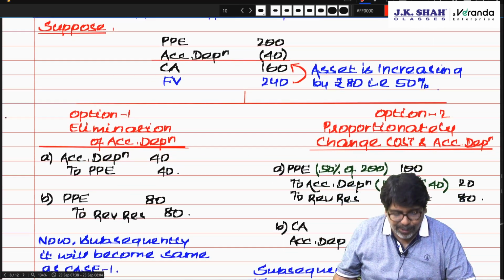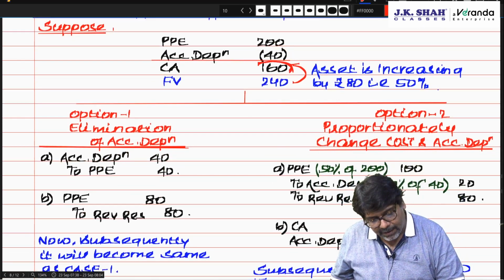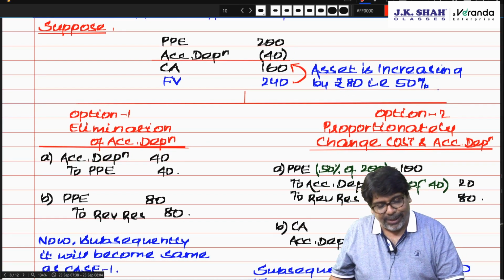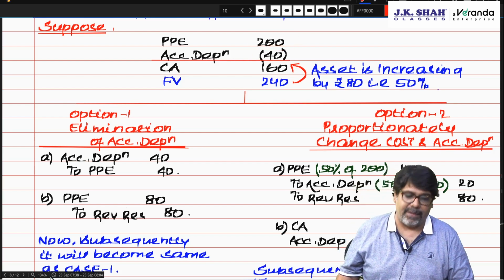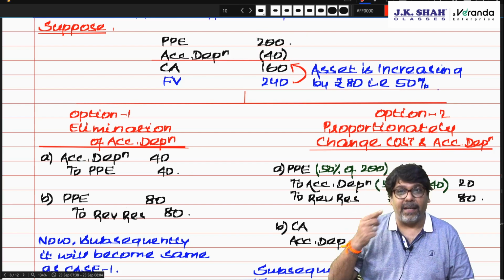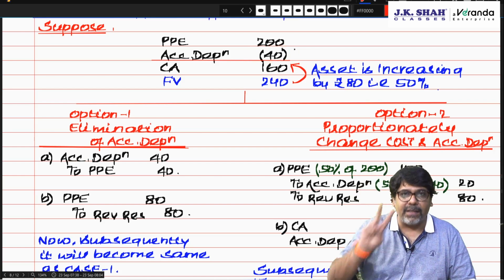But if you don't want to remove accumulated depreciation, then see, from 160 it is becoming how much? 240. So the asset is increasing by 80. That is 50%. So you increase this asset by 50% and the accumulated depreciation also by 50%. The asset increases by 100, and 50% of 40 is how much? 20.